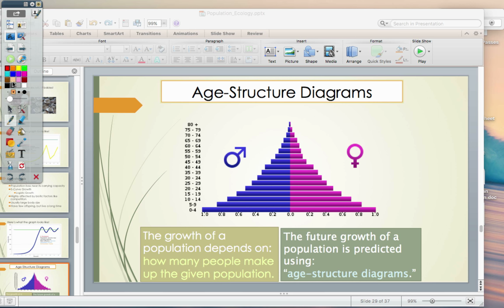In an age structured diagram, for the purposes of population growth, we're really concerned with the age that is reproductively able and the age group that is upcoming in reproductive ability. So in general, we'll call the 45 to 49 the top of our reproductively able age range.